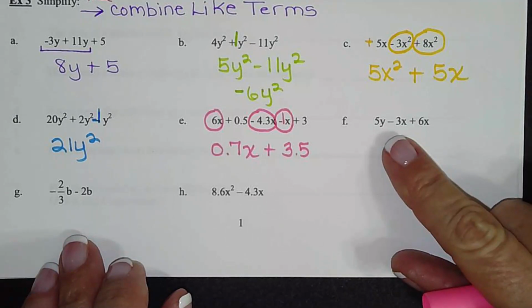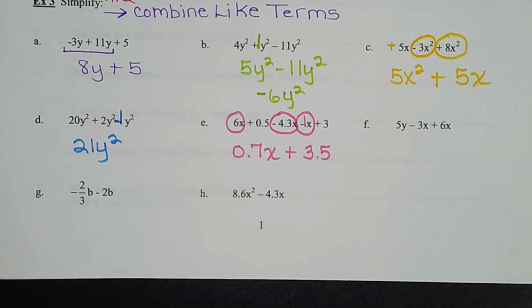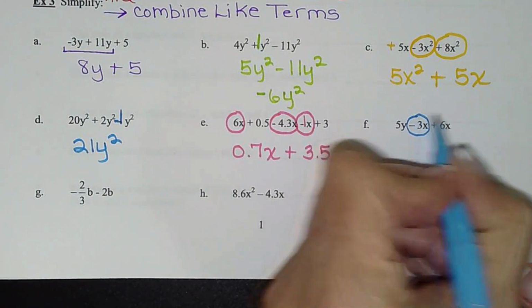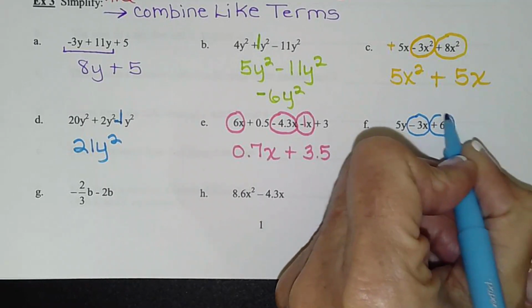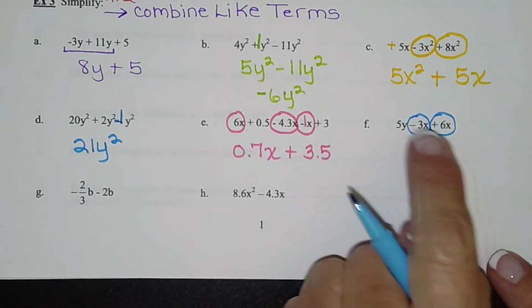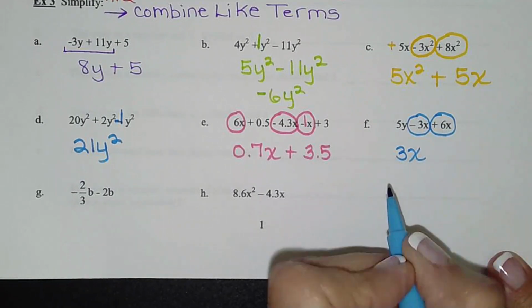Okay, this is another one you have to be careful with. All of your answers need to be in alphabetical order. So that means we have to start with the x's and look at the negative. Negative 3x, positive 6x. So 6x minus 3x is 3x because we keep the sign of the larger.